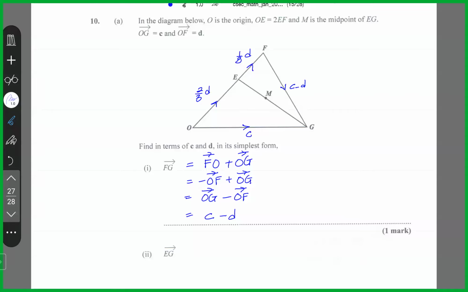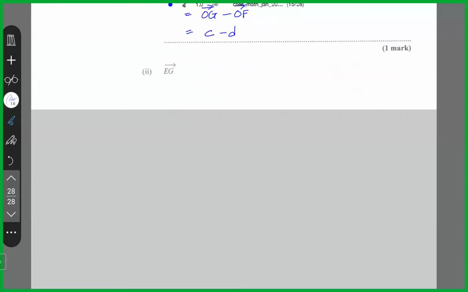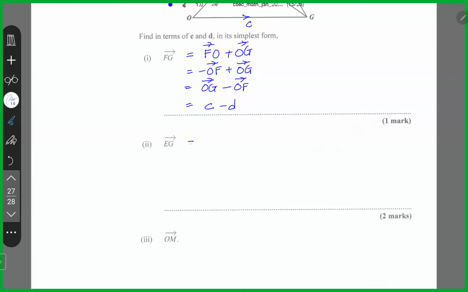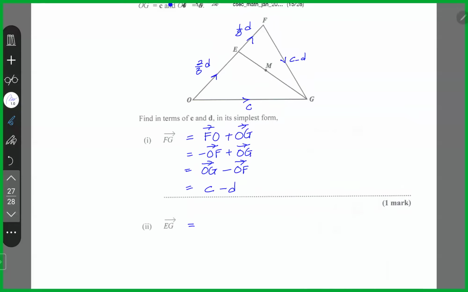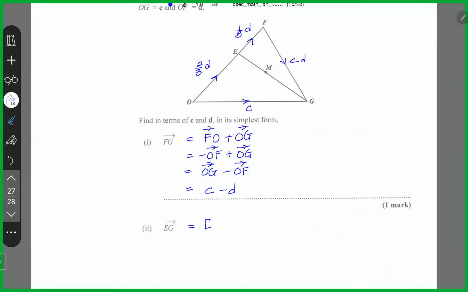EG. Well, I can say that EG is equal to EF plus FG.